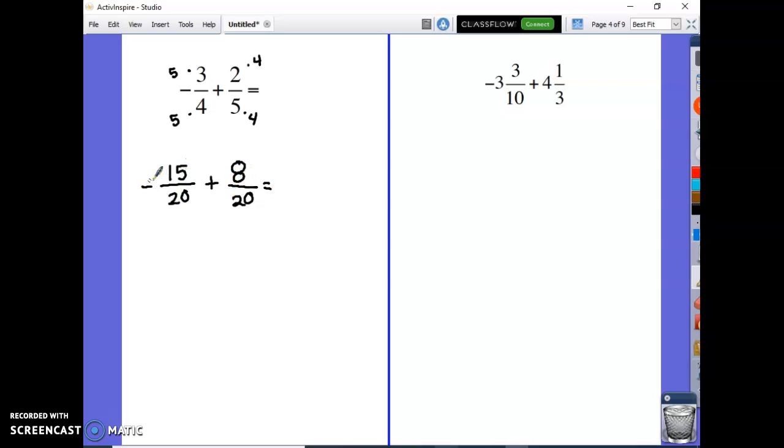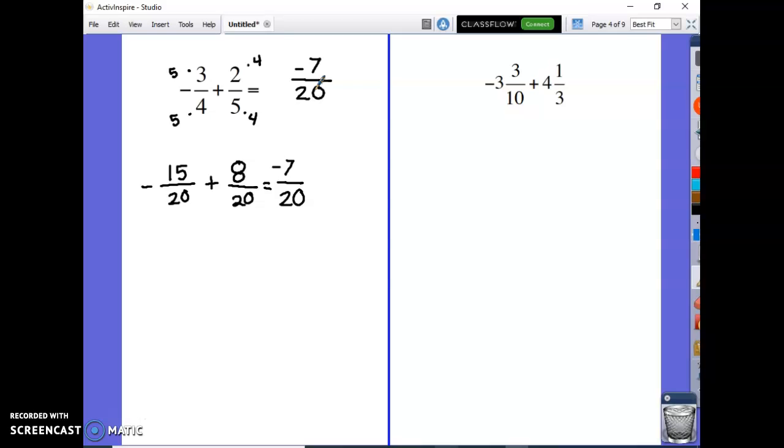Our 15 over 20 is negative, 8 over 20 is positive. So I'm going to subtract 15 minus 8, which gives me 7 over 20. Keep the sign of the bigger number, then you'll be exact. So we have a negative 7 over 20. So my answer for this problem is negative 7 over 20.